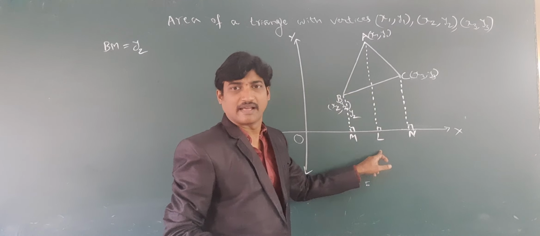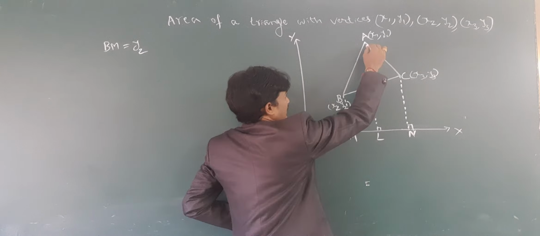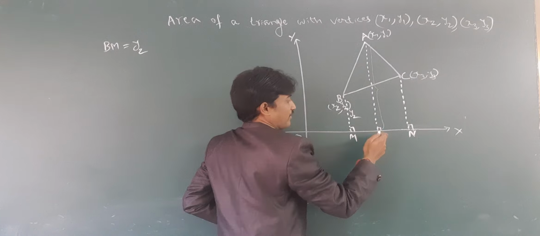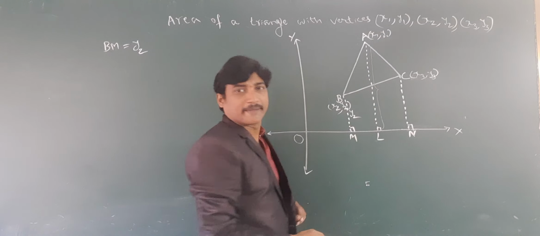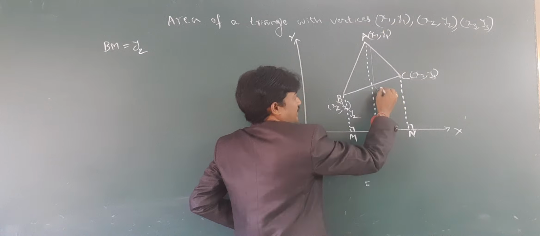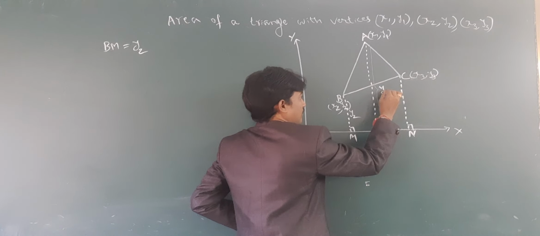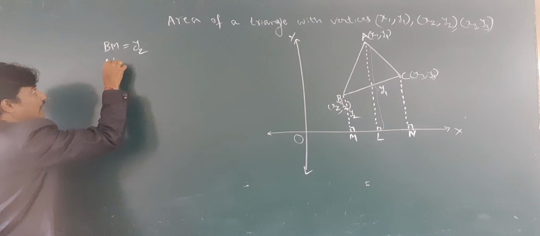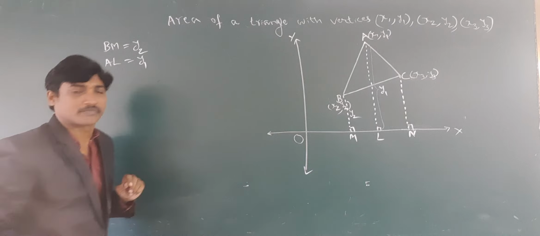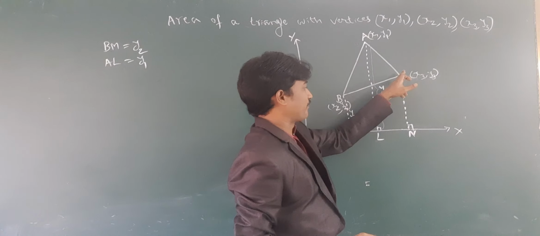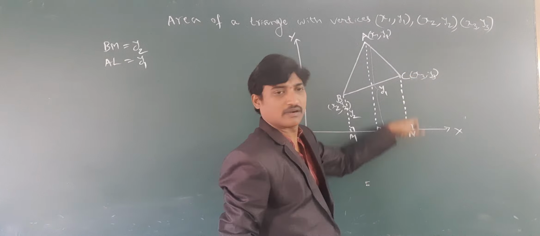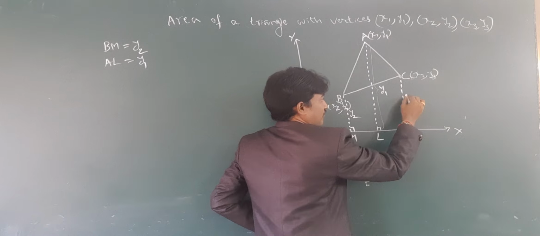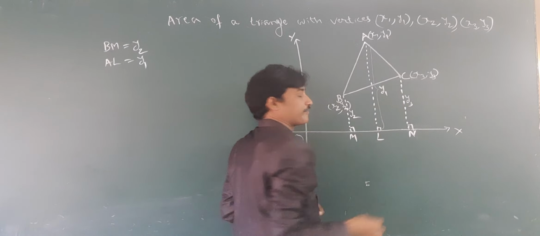Next, AL is the distance from the x-axis to point A, which is y1. So AL is y1. Similarly, CN is y3.